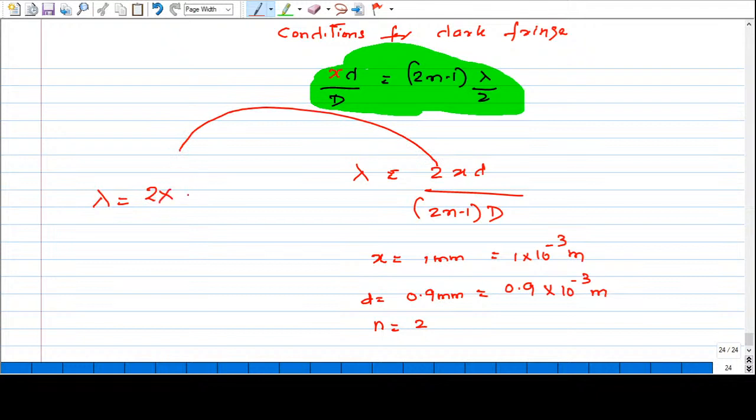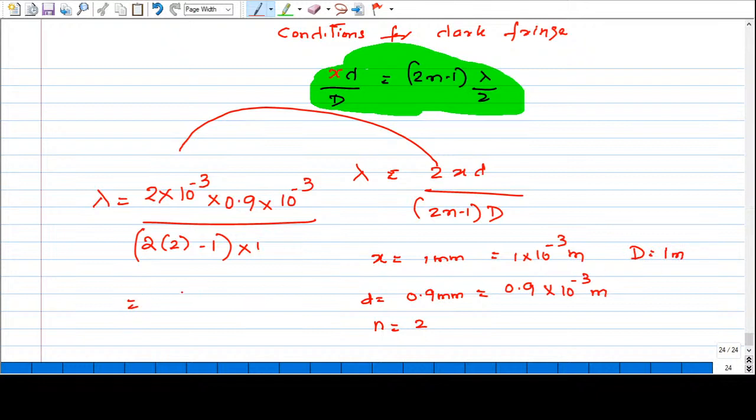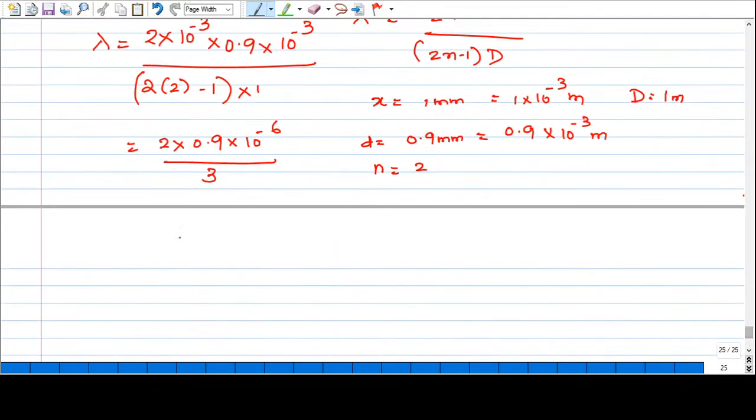The value of x has been given as 1 mm, it is nothing but 10 power minus 3 into d is 0.9 into 10 power minus 3 divided by 2 into 2 minus 1. Capital D has been given as 1, capital D is given as 1 meter. So if you substitute, after simplifying we can get 2 into 0.9 into 10 power minus 6 by 2 into 2 is 4 into 3, that is 3 we get. So now after simplification, if you simplify this particular value, we get 6 into 10 power minus 5 centimeter.